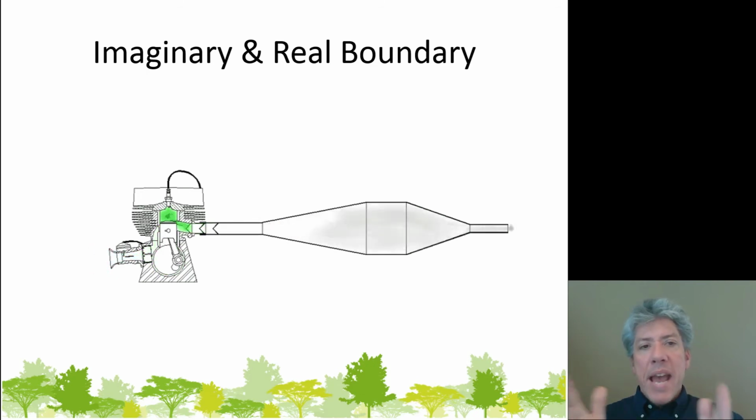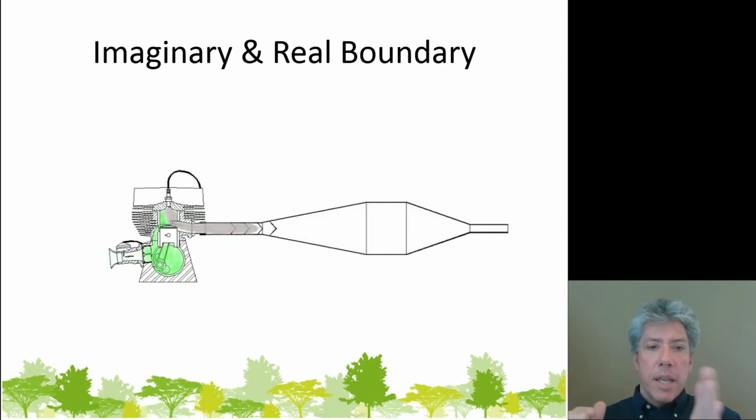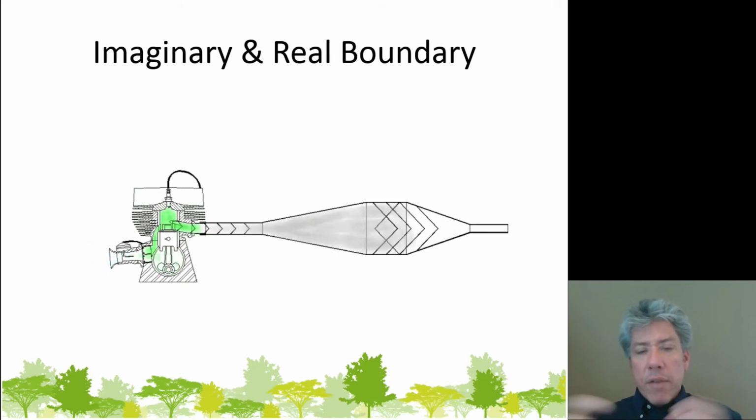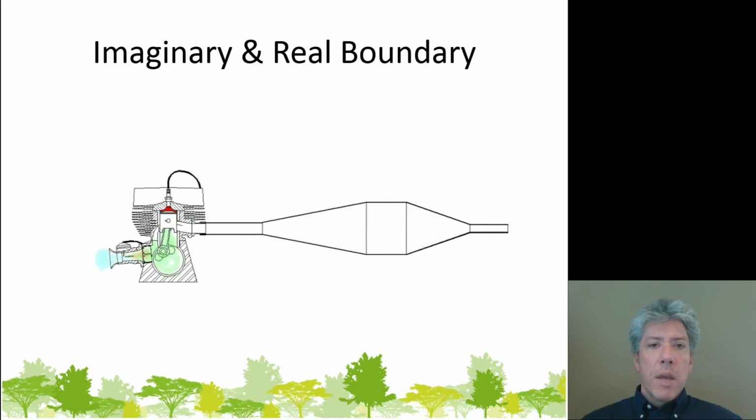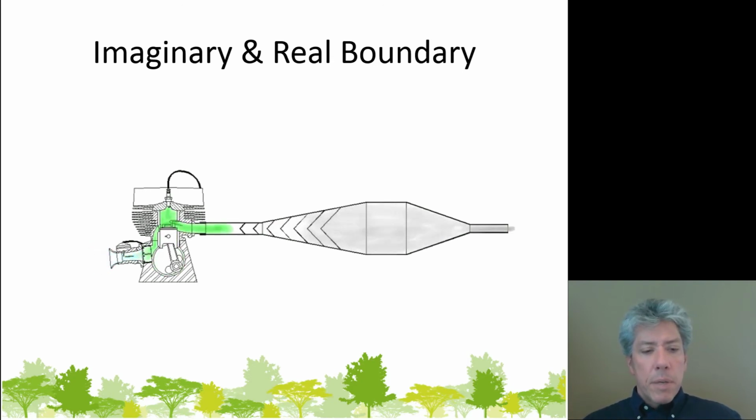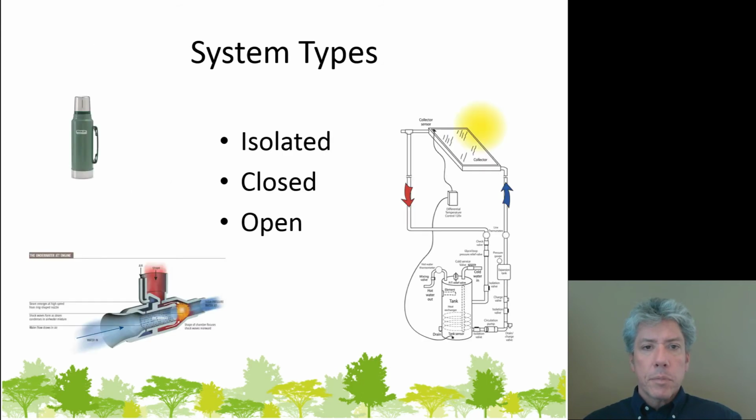But there are some imaginary boundaries at either end. There's an entrance on the left-hand side and an exit on the right, and we're interested in everything going on in this system. So that's an example of an imaginary and real boundary that defines a system that is interesting and useful to study so that we can increase the efficiency of the engine.